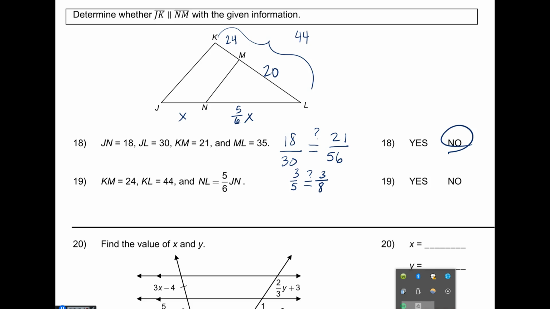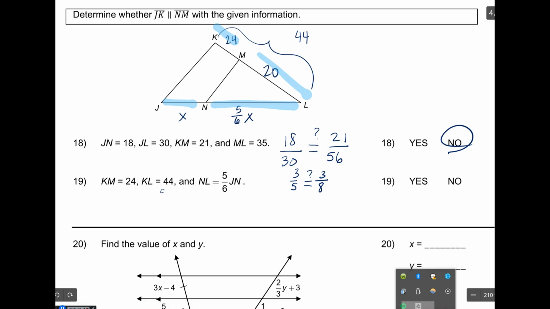So if I do this segment over that one, it should be the same proportion as this segment over that one.